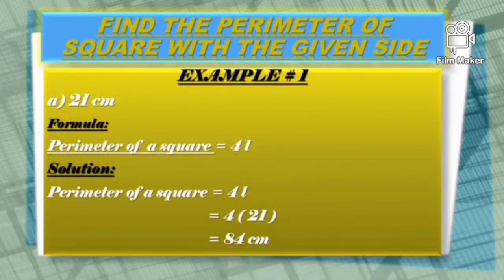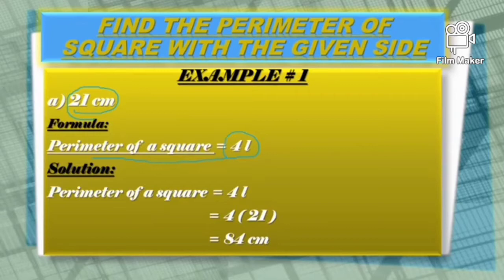Here we are going to find out the perimeter of a square with the given side. In the first example, the given side of a square is 21 centimeter. Now write the formula of a square, which is 4L.